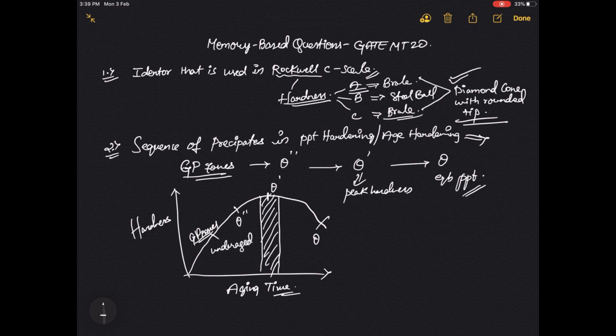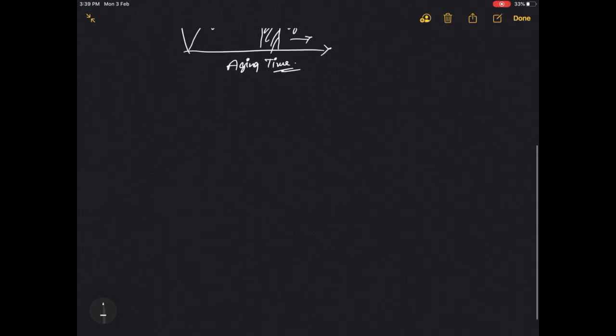If you age it for longer times, greater than theta dash, it forms theta, which is equilibrium, and it is called overaged. So this is what you must know about how the hardness varies along the sequence of the precipitates that are forming. Now we look at the next question.